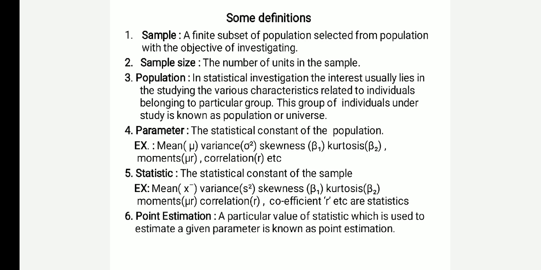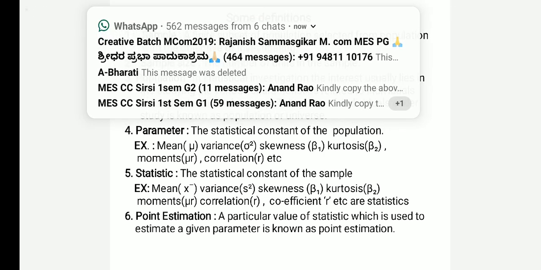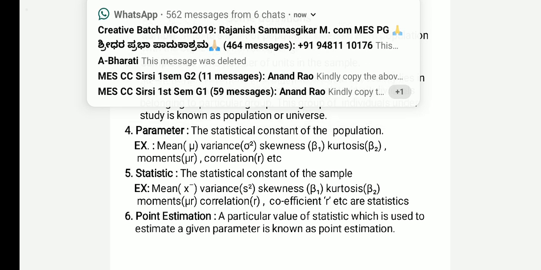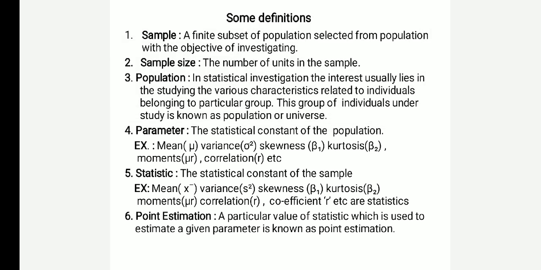Okay, point estimation means, suppose you would like to estimate the average yield per acre or per hectare of paddy or any crop. Suppose in Karnataka is your study area, or in Uttar Kannada district as such, then you decide that you will take some samples. You select areas and take samples and compute the sample means.